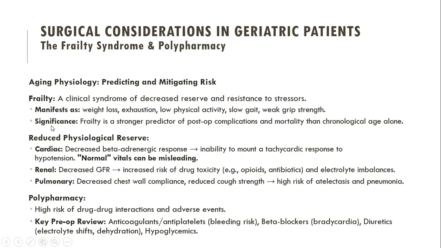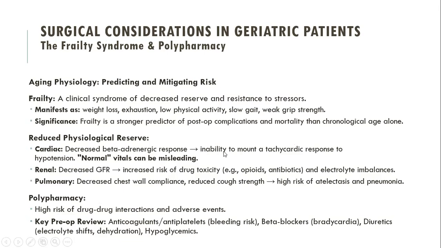What is the significance of this frailty syndrome? Frailty is a stronger predictor for post-op complications and mortality than chronological age alone. So you have to understand this syndrome in the geriatric patient. Now, there is reduced physiological reserve also in the older geriatric patients. So, in these patients, cardiac-wise, you see decreased beta adrenergic response.